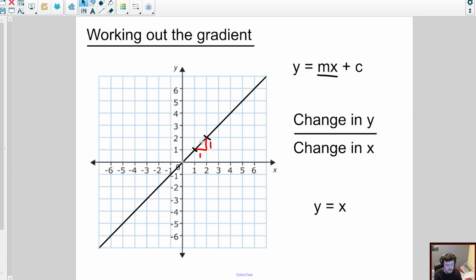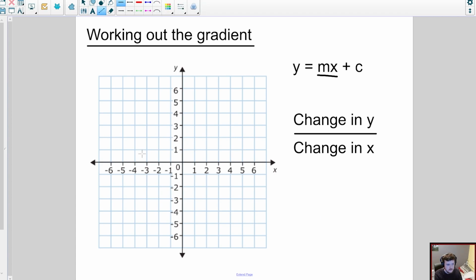If I give you a different line, let's say this line here, I'm going to pick just some random numbers. I'm going to go through the origin because it's easier to do. But if I give you this line here, and then I'll extend this out to the extents of the graph, like this, and I tell you to work out the gradient now, what I would do is pick 2 points on my line again, hopefully where they cross over on the grid lines.